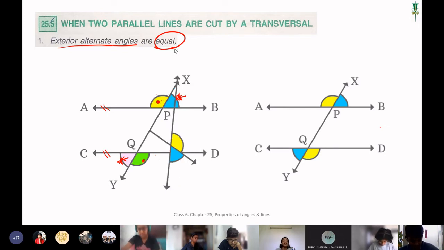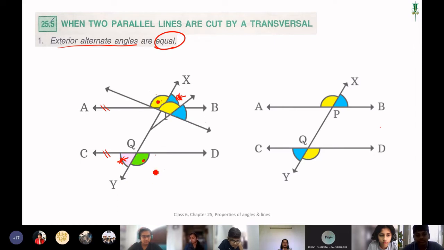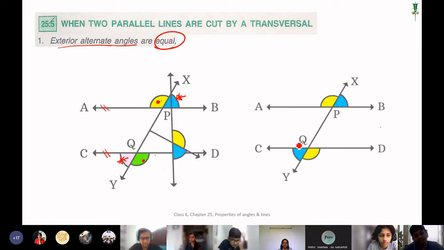This relation exists only if the lines are parallel. The angles are created anyway, but the relation between them, such as two exterior angles being equal, exists only if the transversal is cutting across two parallel lines. For example, these two are parallel lines, therefore the exterior alternate angles are going to be equal.